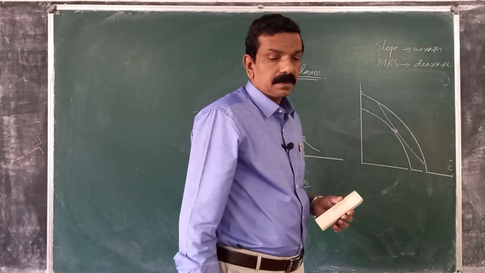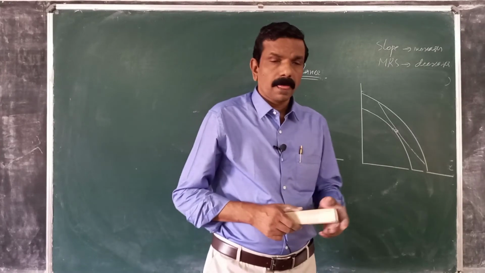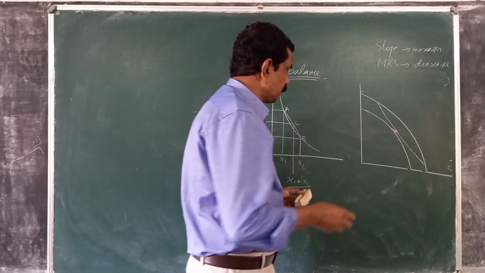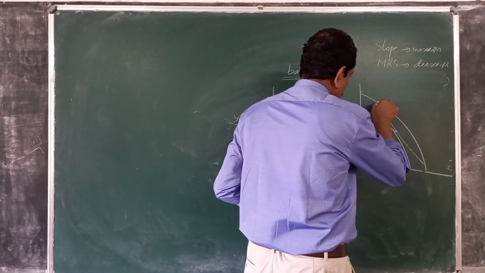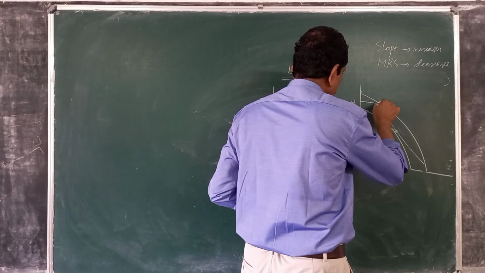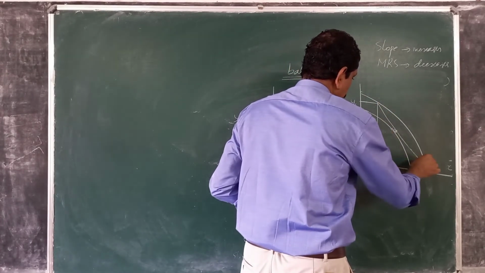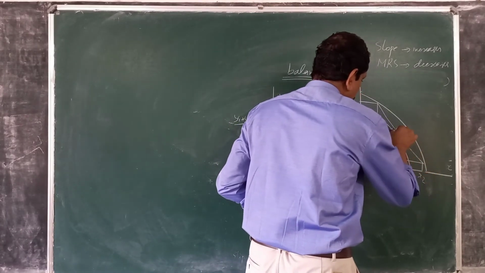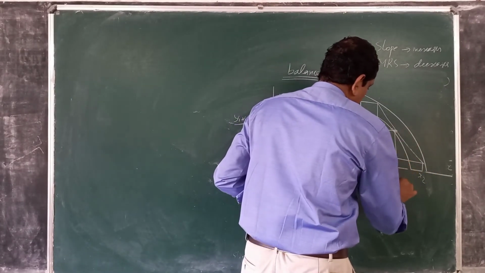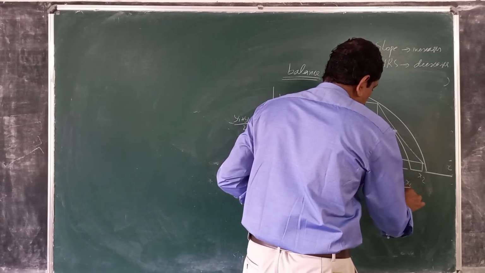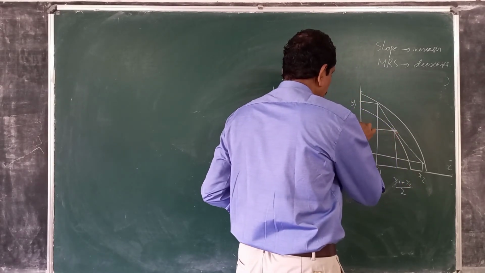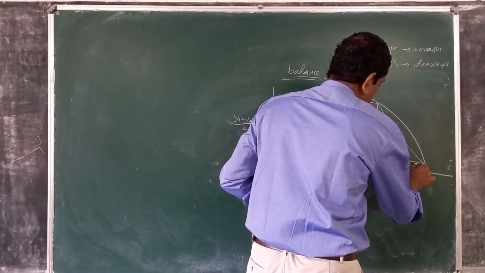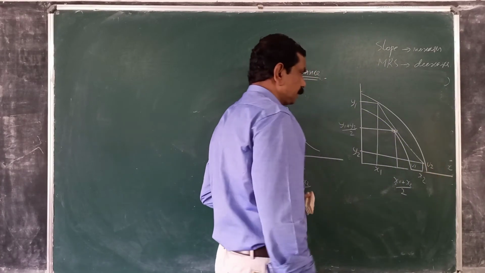Now, if the indifference curve is concave, you can see that this is one combination y1, x1, another combination y2, x2, and this is x1 plus x2 by 2, and this is y1 plus y2 by 2. Now this is one indifference curve U1, this is the second one U2.